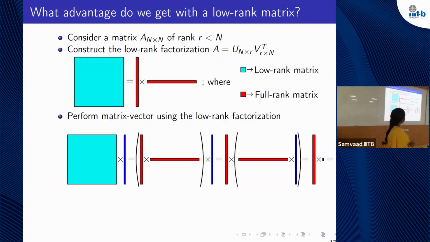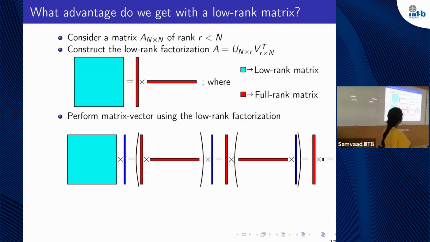Once you have this resultant, you then multiply it with the matrix U, whose size is n cross R. So you are multiplying an n cross R matrix with an R cross 1 vector, and its cost is again O of Rn. So this step costs O of Rn, and this step also costs O of Rn.